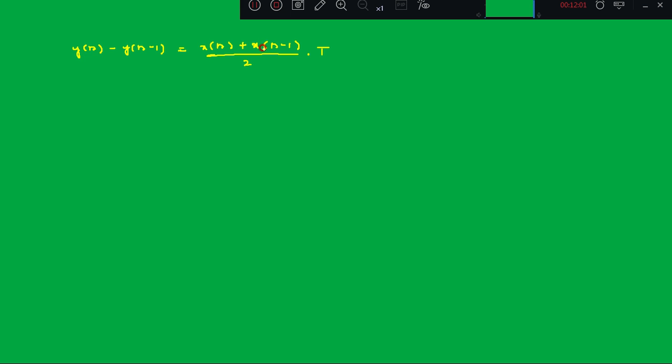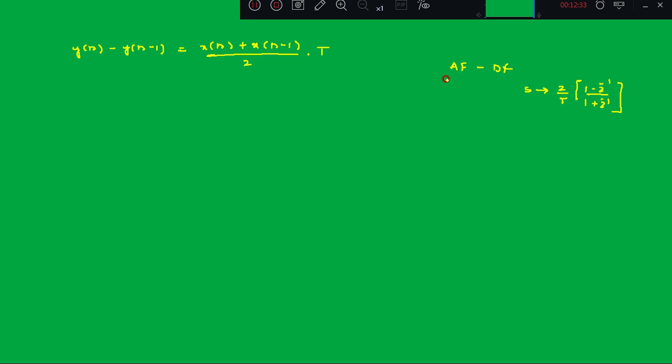Now since we are using this bilinear transformation to transform the analog filter to digital filter, ultimately we are trying to derive the substitution, that is s is equal to 2 divided by T into 1 minus z raised to minus 1 divided by 1 plus z raised to minus 1, right?